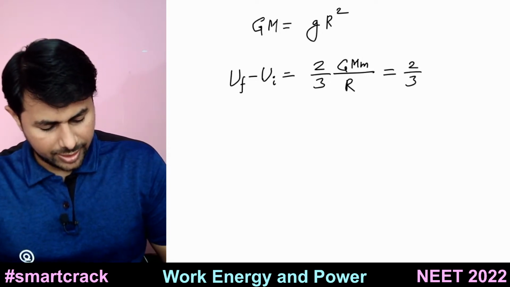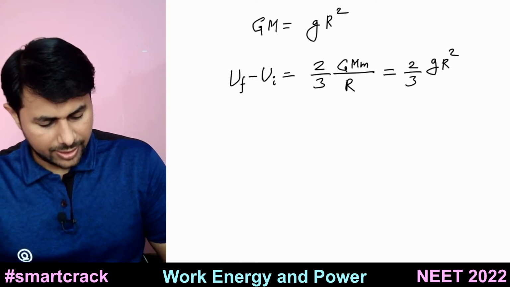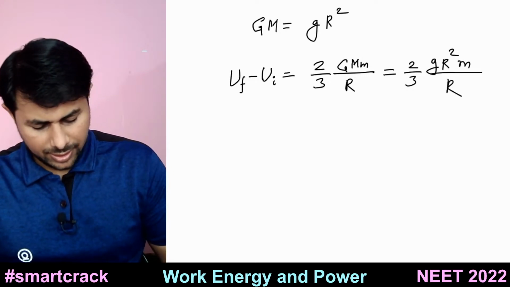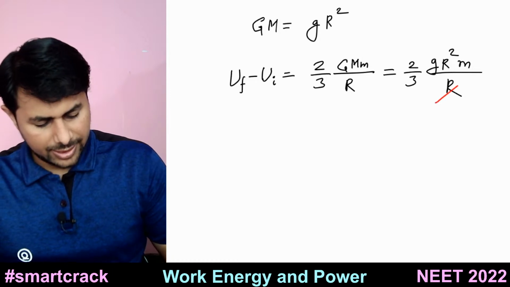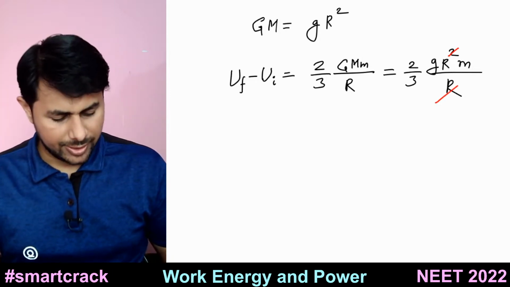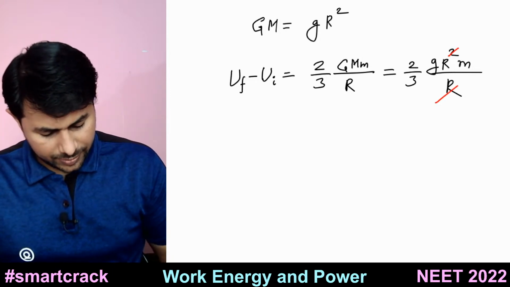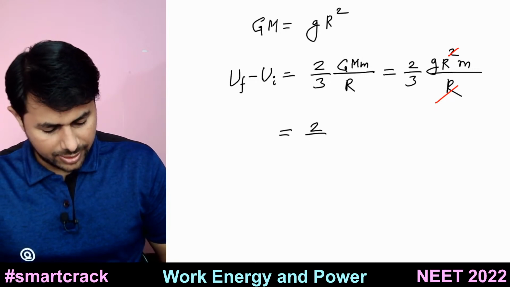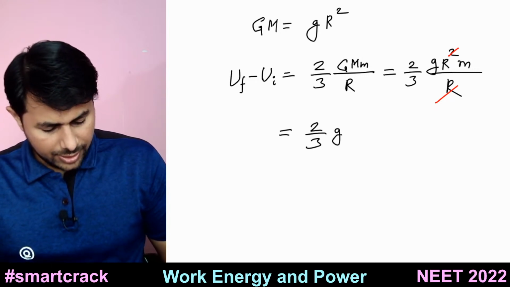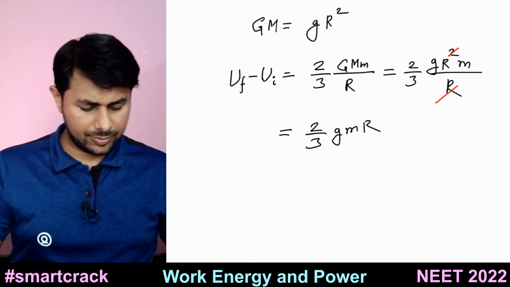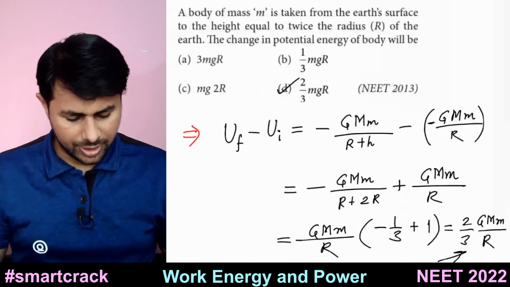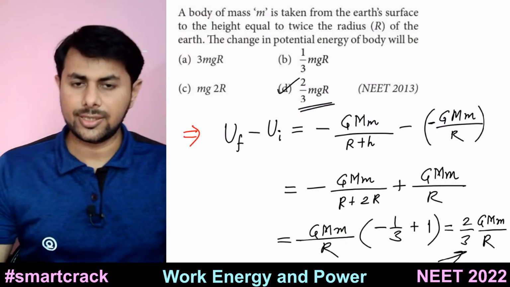So 2 by 3 gR squared into m over R, and this R gets cancelled with this one. Okay, so you get this is equal to 2 by 3 gm into R. Okay, gR into m or GM into R, which is this answer.